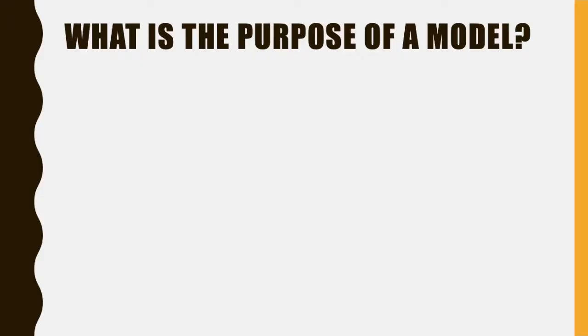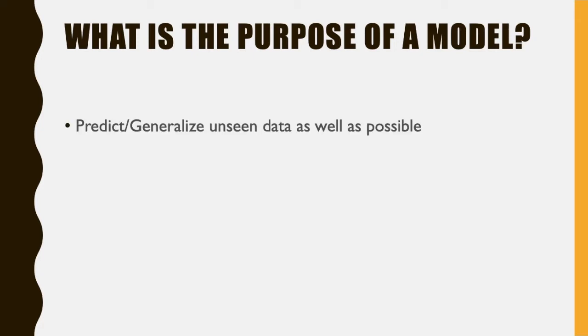Remember that we generate a model to predict for unseen data or generalized trend. That is very different from fitting the known data. This is very important, and I cannot emphasize that enough. So let me just say it again. The purpose of a model is to predict and generalize for unseen data, not to fit the known data.